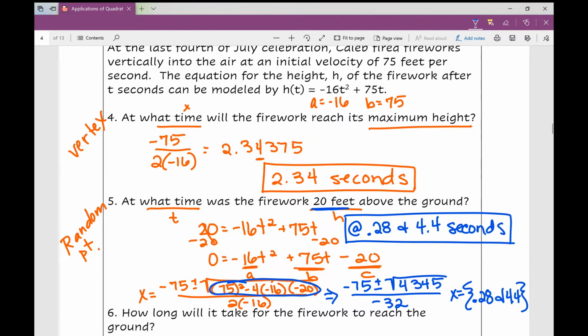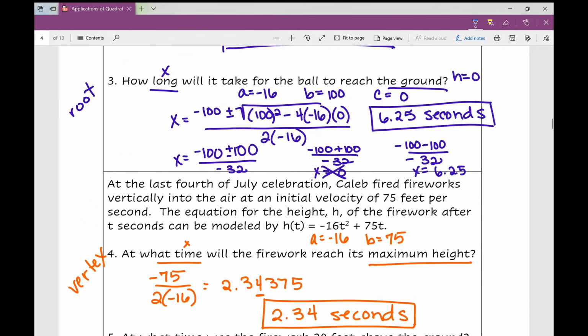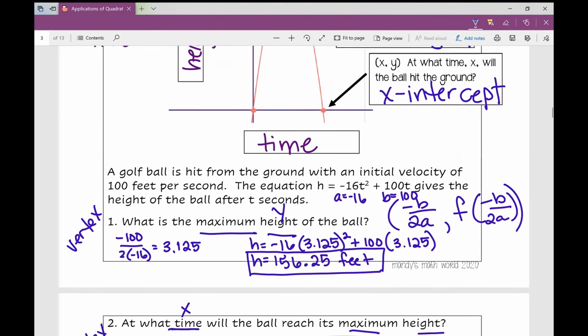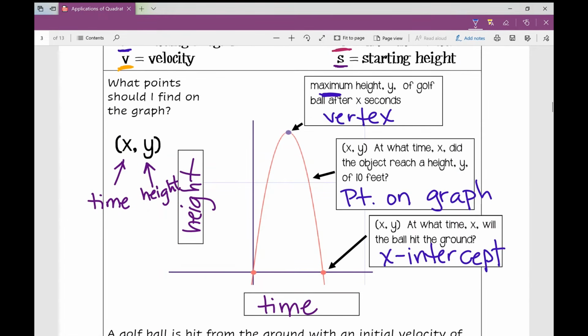If that firework goes up and then it comes down, I'm going to go back to my model, the height versus time is going to look like this. It's going to start here, and a lot of students want to say, oh wait, here's the distance that has traveled. No, it traveled vertically into the air, but time is moving.